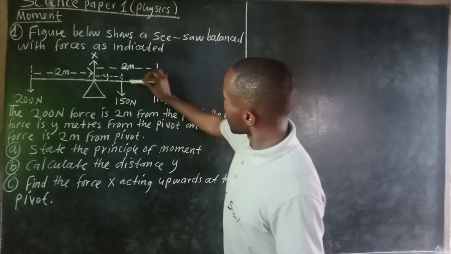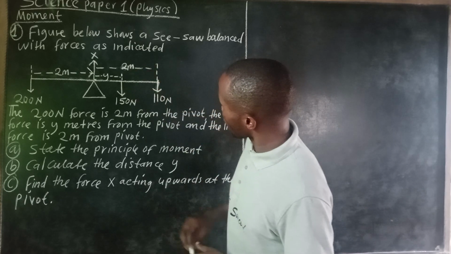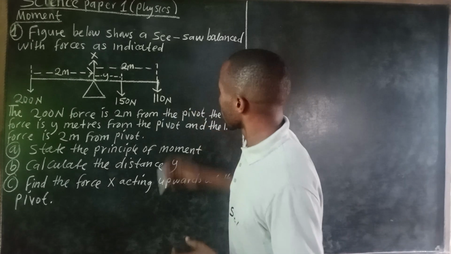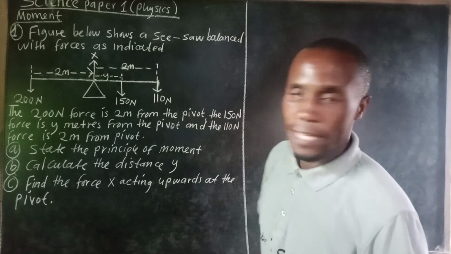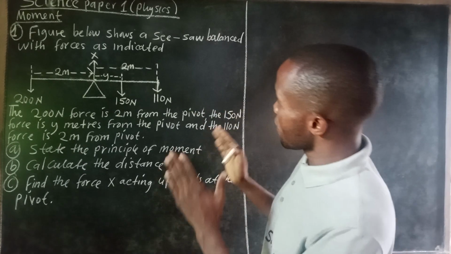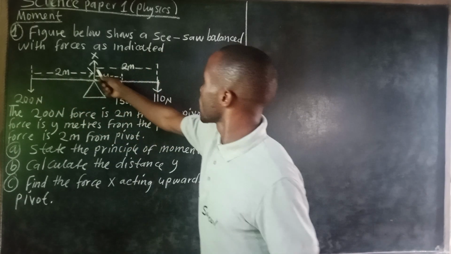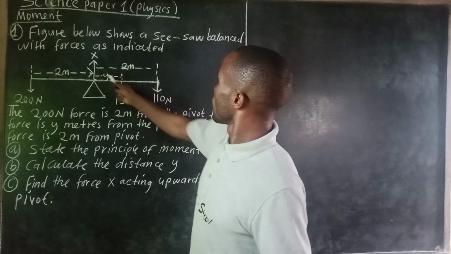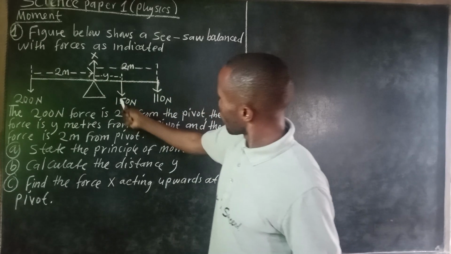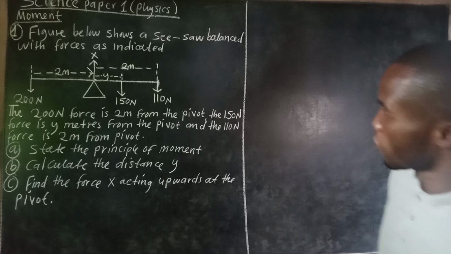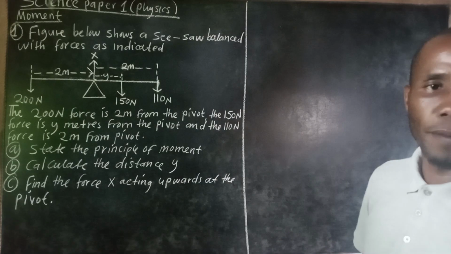Then here we have another point where we have 150 newtons, and the other one we have 110 newtons. The distance from the pivot on this side is 2 meters, and on the other side for this force we have 2 meters again. Then for this force we have y meters, which we don't know. It is just represented by a variable.